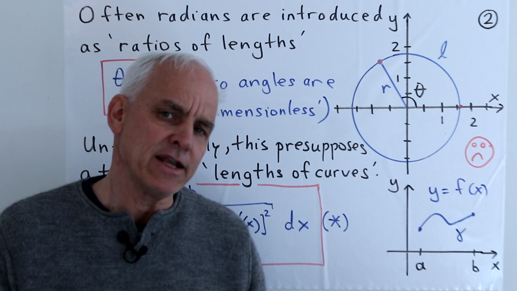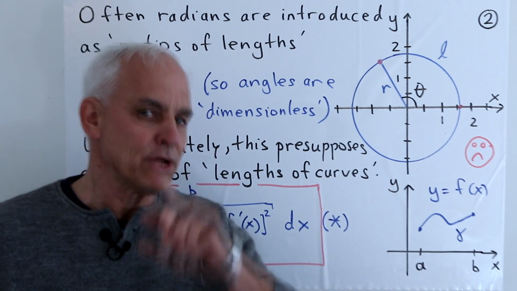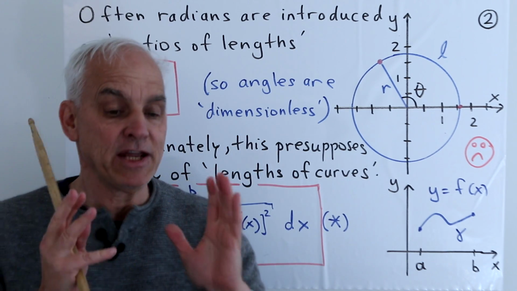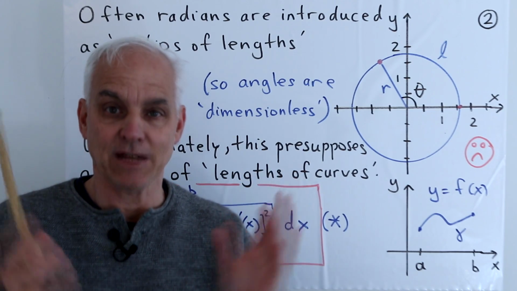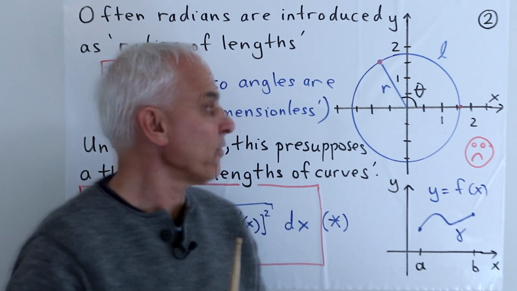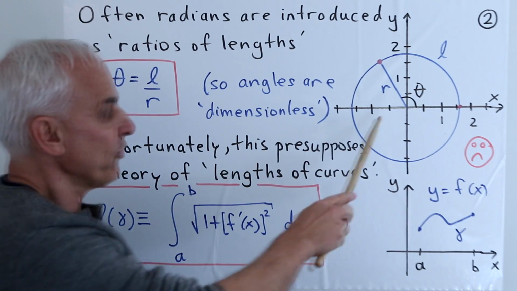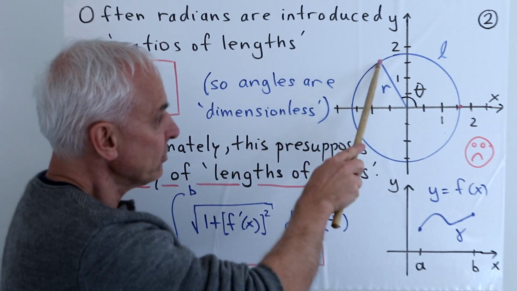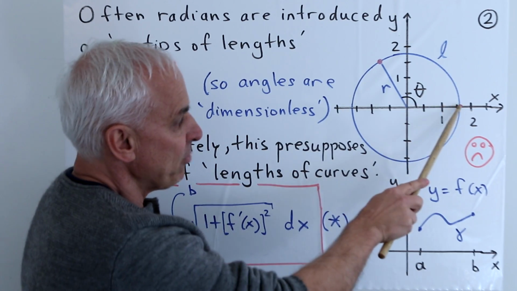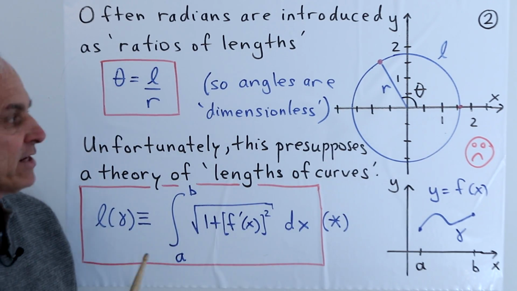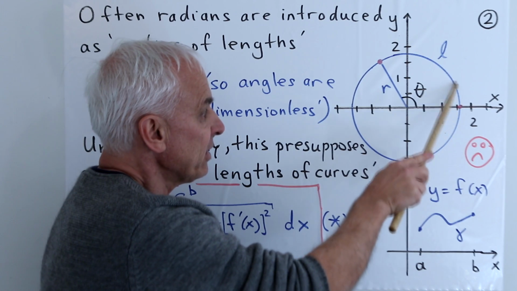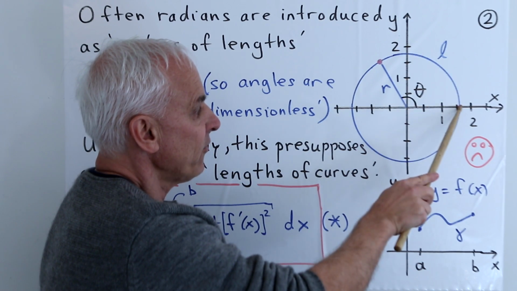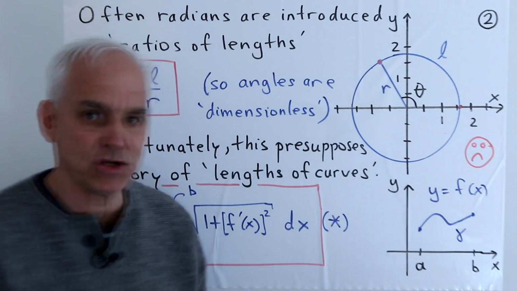Now, it's not necessary to have a unit circle, and it's advantageous to have a flexible approach about the size of the circle. So we can also define radians in terms of a general circle. Here's a circle of some radius r. Here's a point on the circle, and there's the point on the positive x-axis. And here is the part of the circle from the x-axis to the point in question.